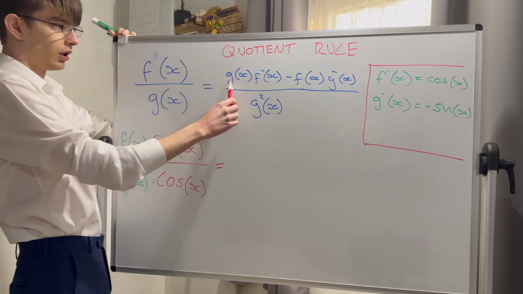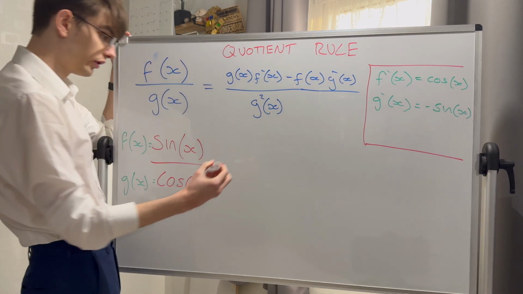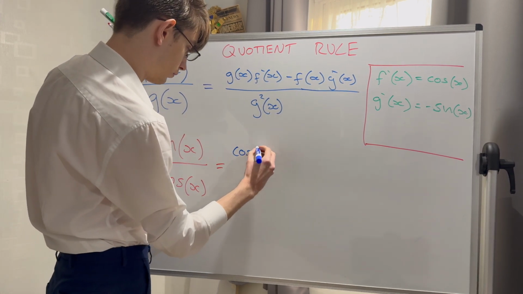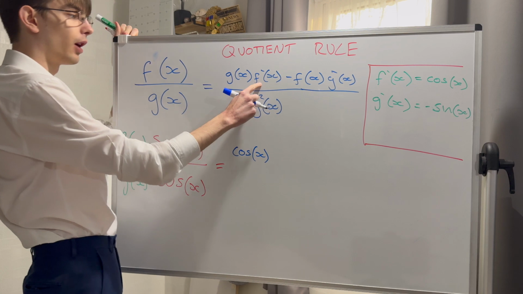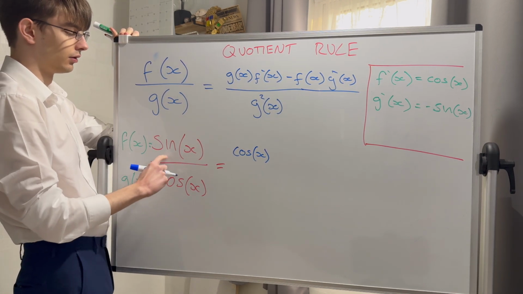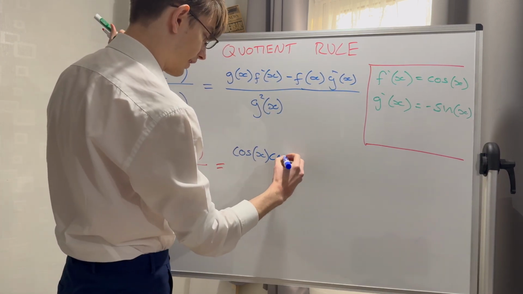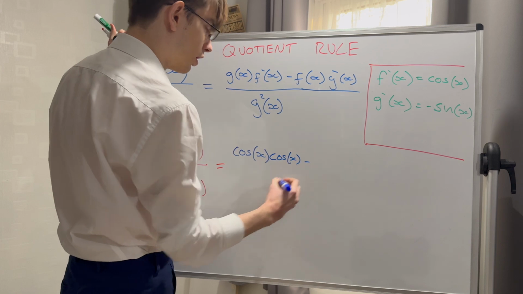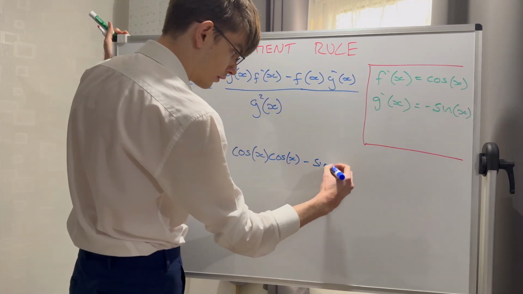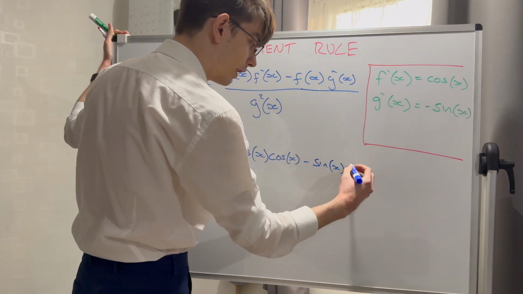So again, I've got g of x, which is cos x, times f prime of x. Well, f prime of x is cos x, so that's going to be cos x times cos x, minus f of x, which is sin x, times g prime of x, which is minus sin x.